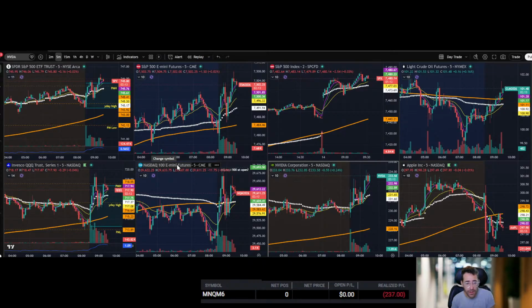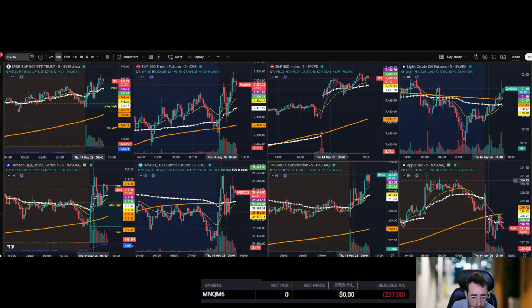Yeah, with this high ATR, it looks like we're kind of forming a double top on Qs. I might try a little bit short, just a little bit.